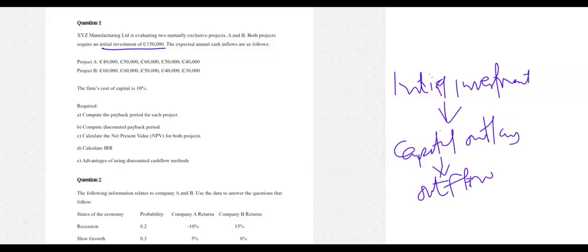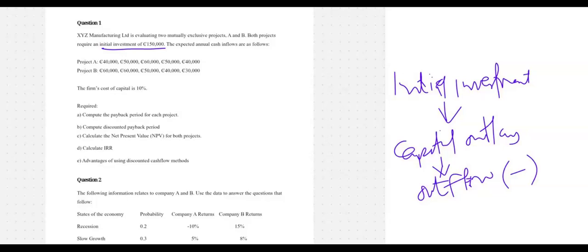So long as it's going out, it's an outflow. And as an outflow, it will be negative because it reduces our cash balance. So this 150,000 will be negative.